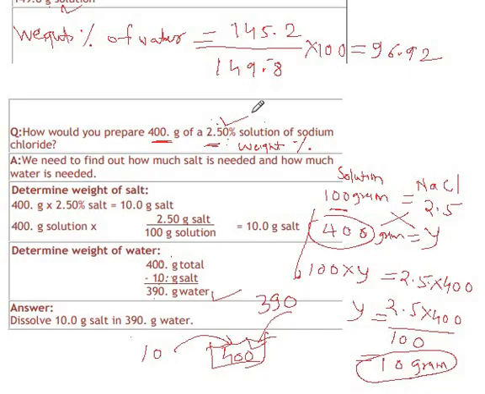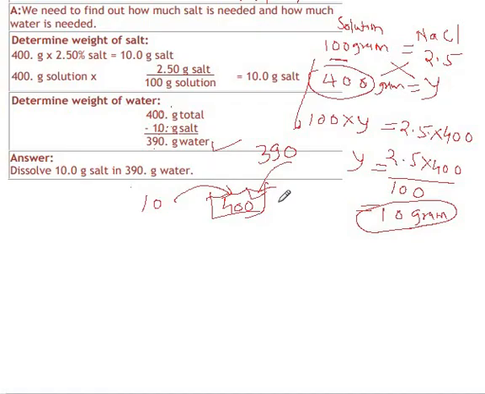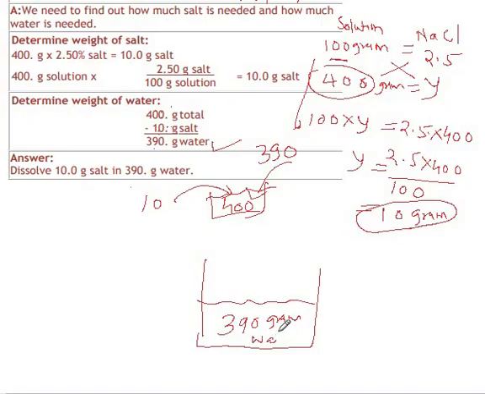This way, if you know the composition, then you can find out the amount of component required or amount of component used. So here, when you want to prepare 2.5% NaCl, you have to take 390 gram water in the beaker, and in this beaker you add 10 gram NaCl.